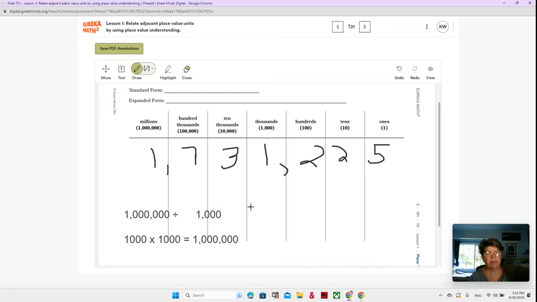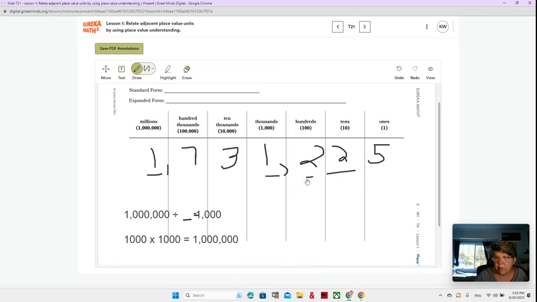So 1 million divided by what is equal to 1,000? They're not next to each other. They're not adjacent like our twos were.